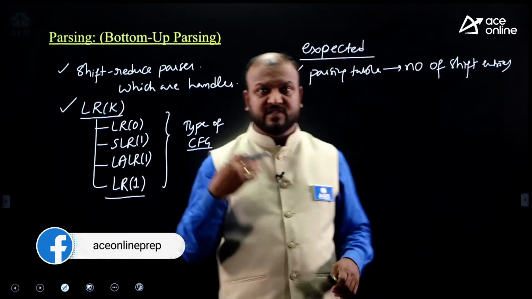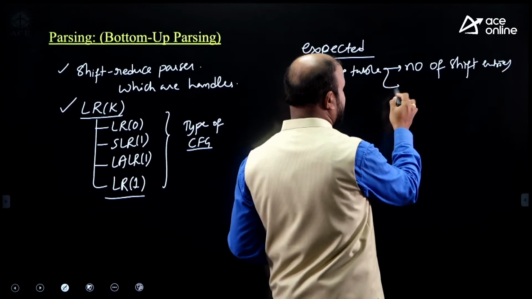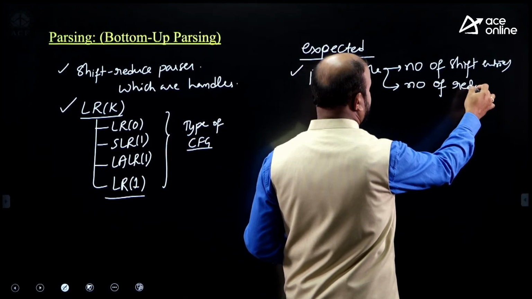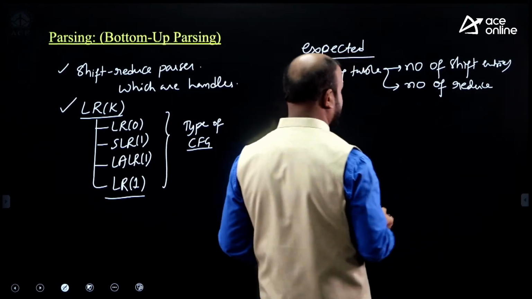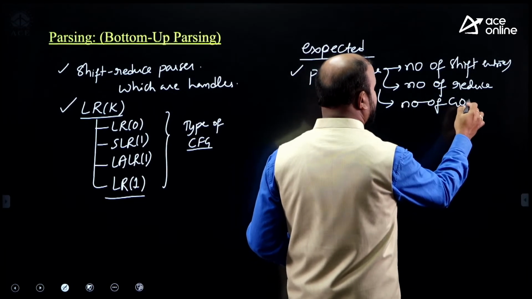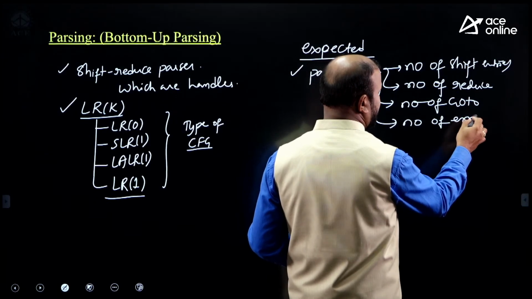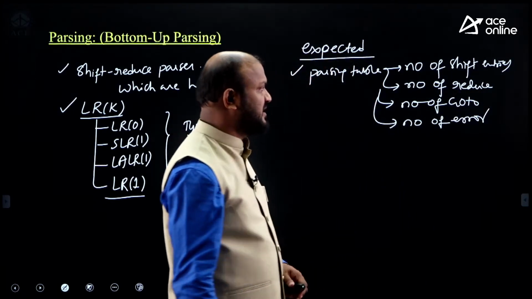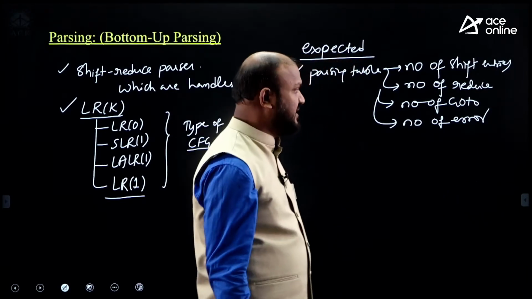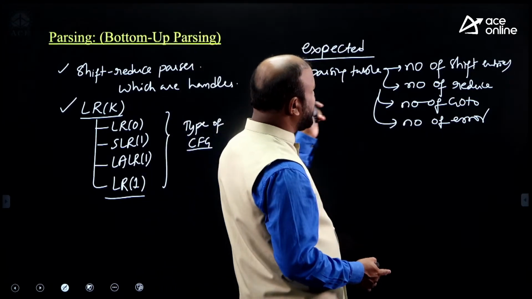Suppose I was asked to prepare a paper, I may ask you a question like this: number of reduce entries in the parse table after you construct it, number of go-to entries, number of error entries. This kind of question is possible. Number of shift entries, reduce entries, go-to entries, error entries, and accept anyhow is only one, right? Accept is always one. Questions could be on the parsing table like this.